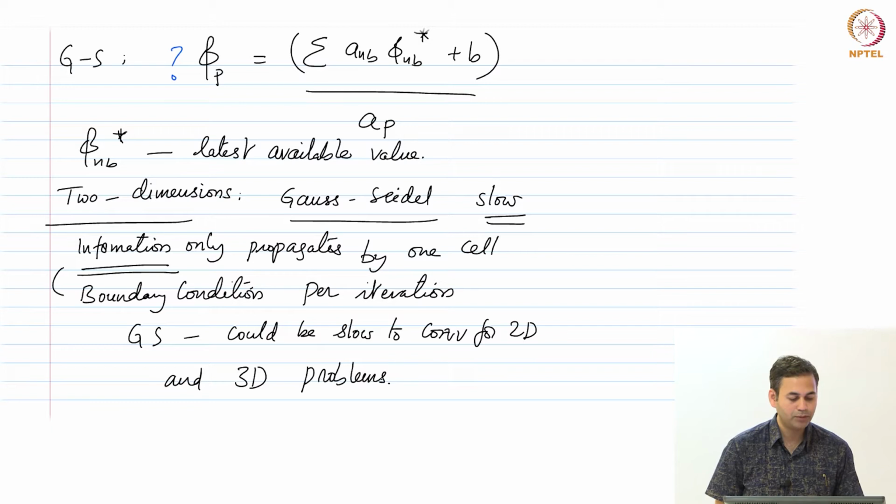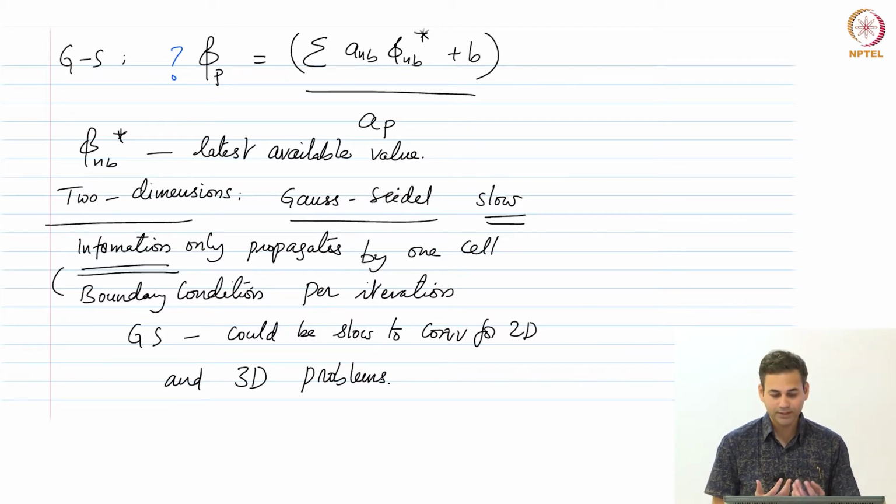So, what we kind of resort to is a method which is a combination of a direct method and this iterative method, that is the Gauss-Seidel. Now, of course, you are also welcome to develop a direct method for 2D and 3D problems. Only thing is that whatever the Thomas algorithm we have developed, that has to be extended to a pentadiagonal matrix, right.